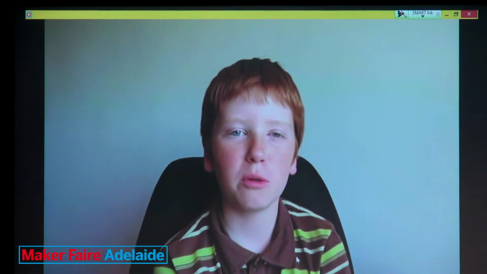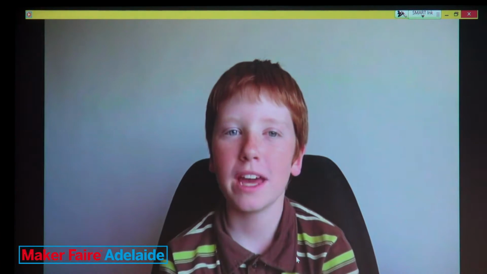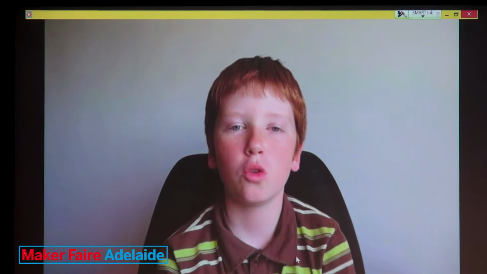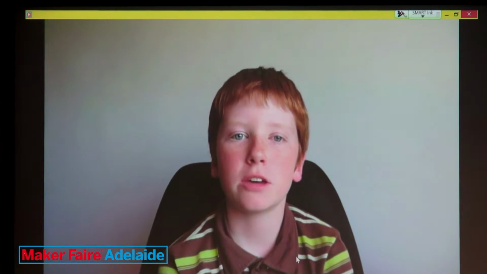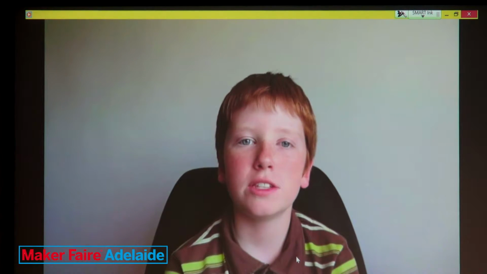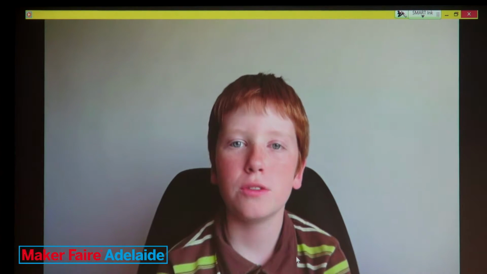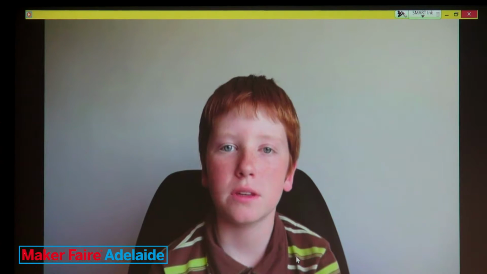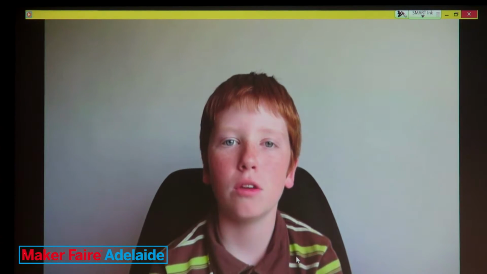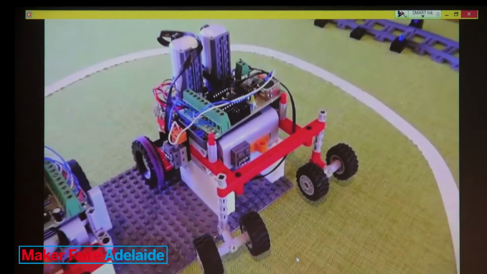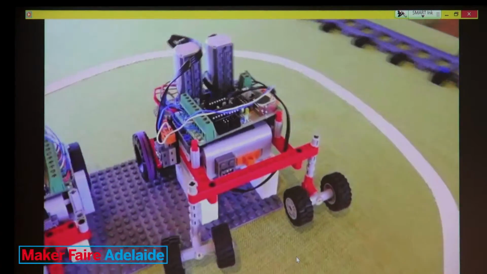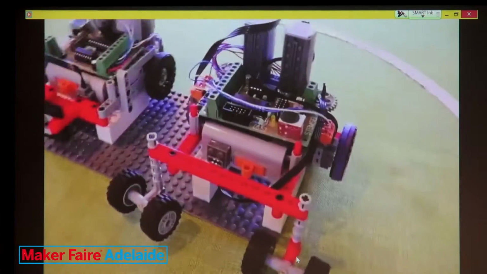2 weeks ago at school, we had to bring 2 things that described who we are. I just decided to bring Lego and a computer. To join these 2 things together, I used a stem cell microprocessor to make a Lego line following robot. My dad and I had a competition to see who could build the best line follower.